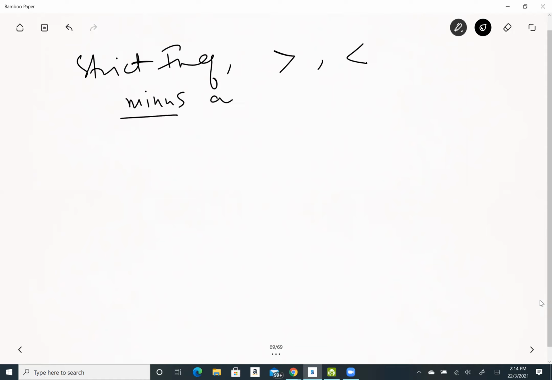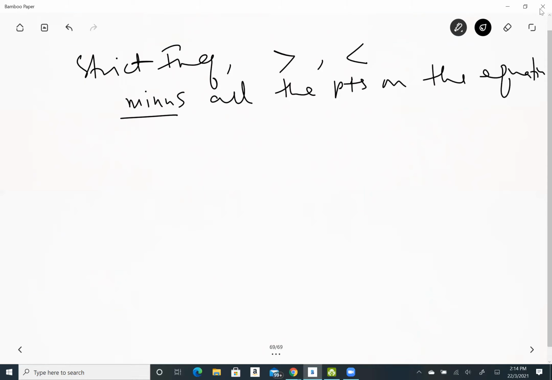That means it will not include the equation. It only includes the inequality. So if you have a strict inequality, say bigger than or less than, the inequality is still the same. What you have will be minus all the points on the equation.